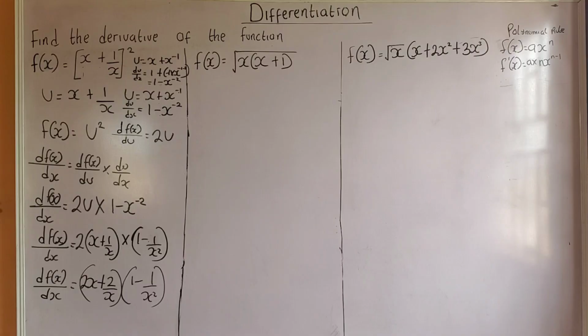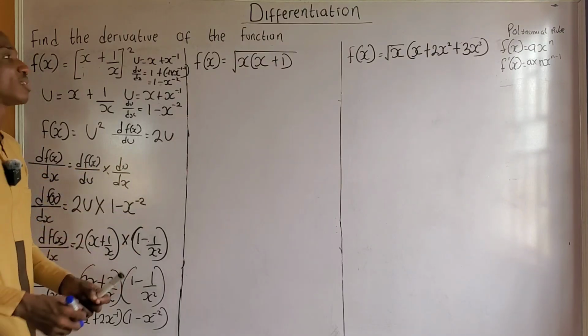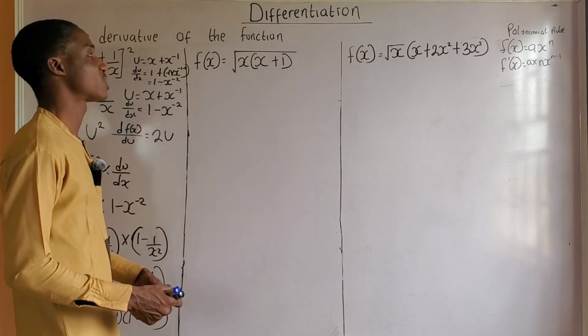The derivative of f of x with respect to x equals 2x plus 2 raised to the power of x to the power negative 1 multiplied by 1 minus x raised to the power negative 2. If you like, you can expand the bracket, and then you're going to get your answer. Do you understand? Okay, let's look at the next question.